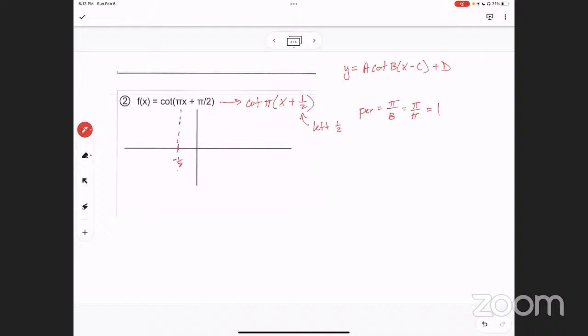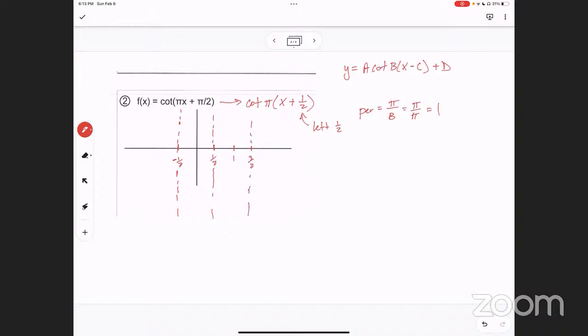There's my asymptote that normally would have been at the y-axis. And the period is 1, which means it's going to go all the way here to positive 1/2. And that'll be my next asymptote. And then there's the midline at 1, and then it's going to go to 3/2, your next asymptote, etc.